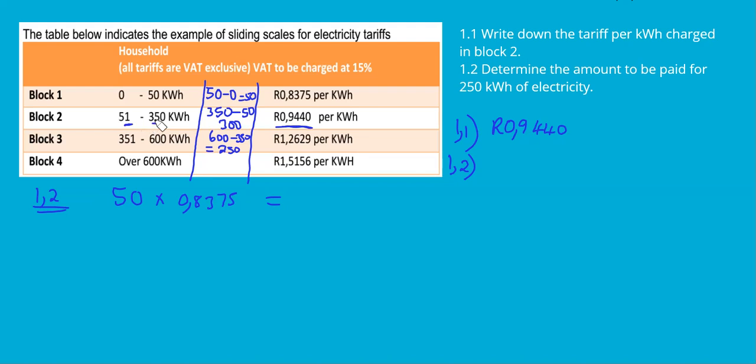So you're going to say 250 minus 50 times 0.9440. So it's going to be 200 times 0.9440.